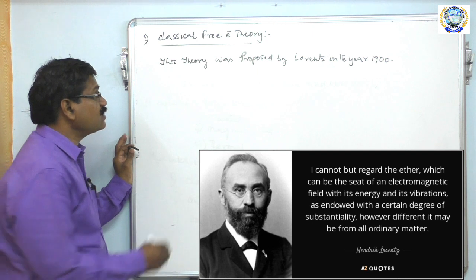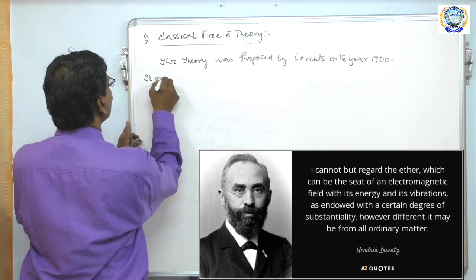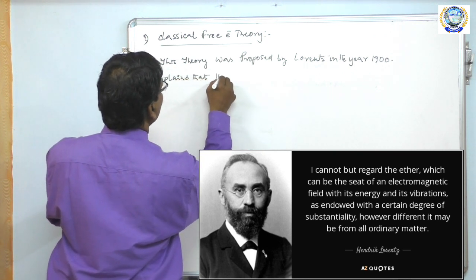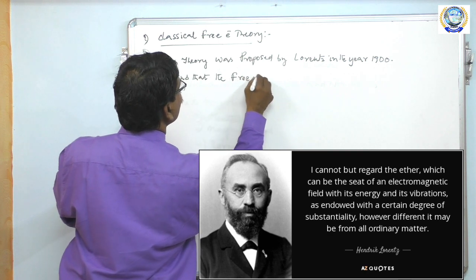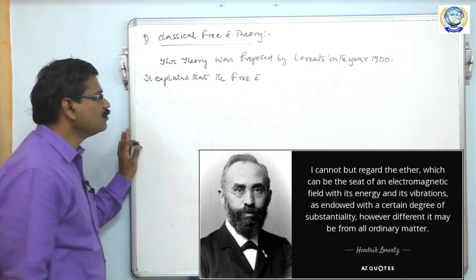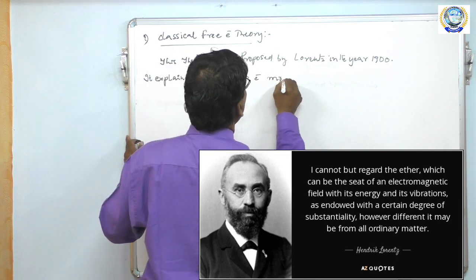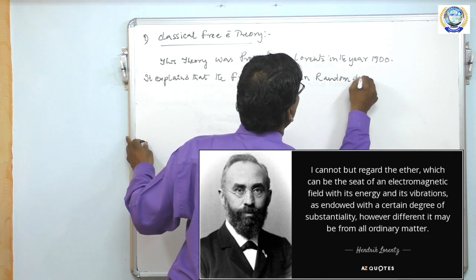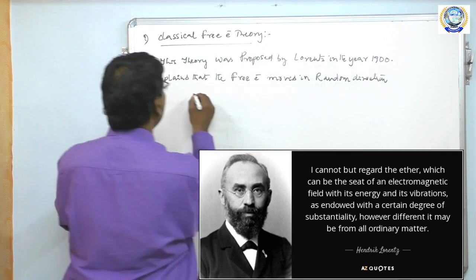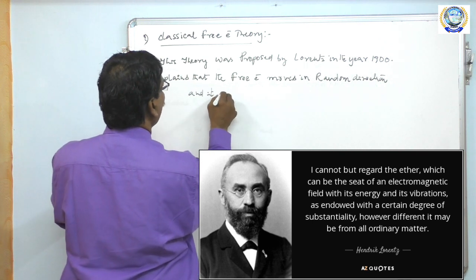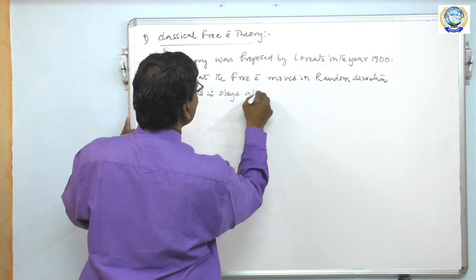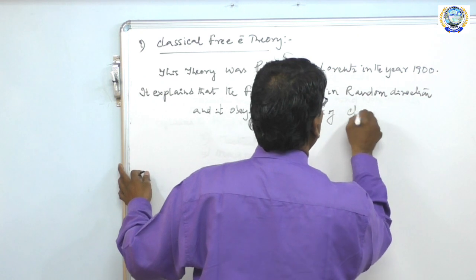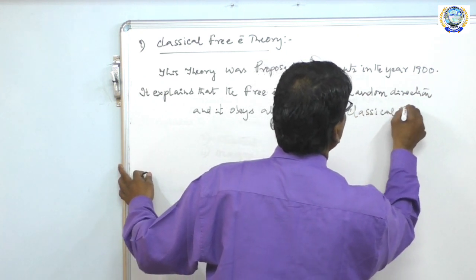According to this theory, the free electrons move in a random direction and obey all the laws of classical mechanics.